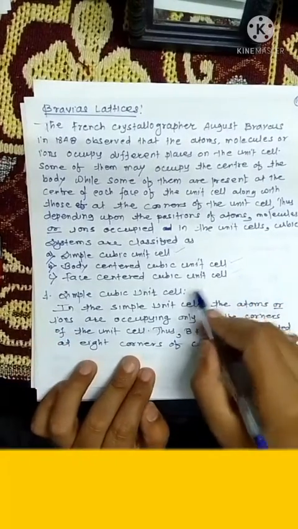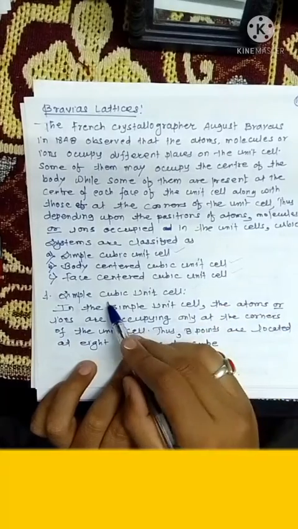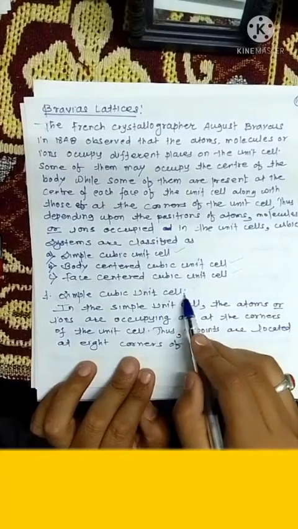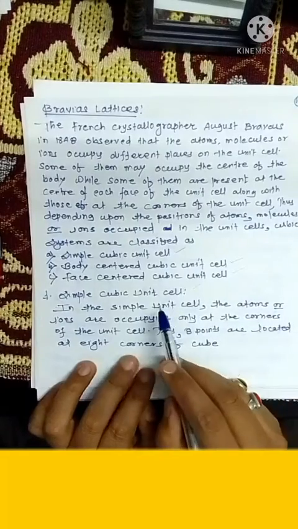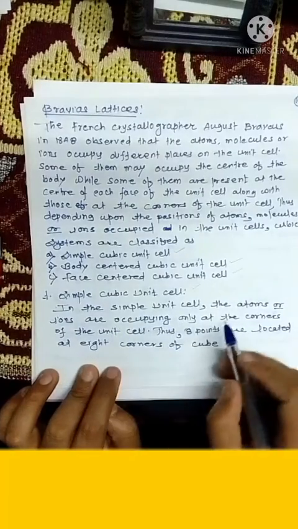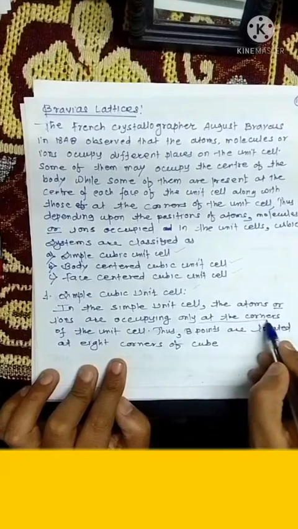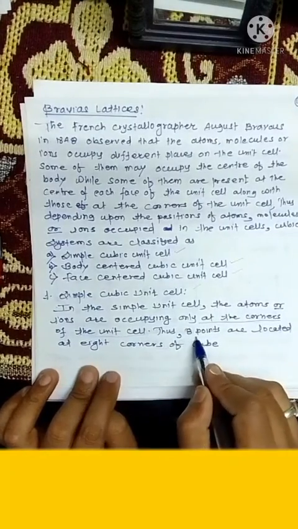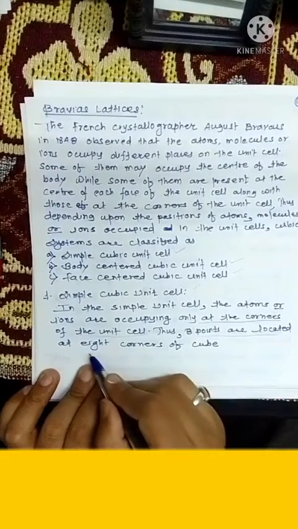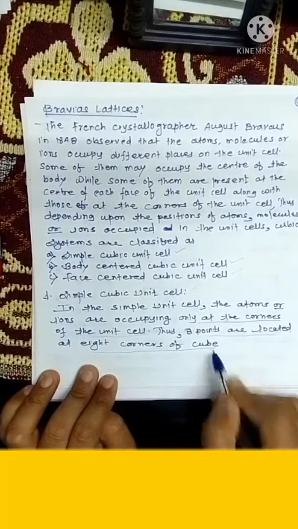So we are first going to discuss the meaning of simple cubic unit cell. In the simple unit cell, the atoms or ions occupy only the corners of the unit cell. Thus 8 points are located at the 8 corners of the cube.